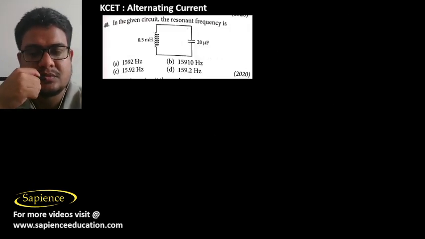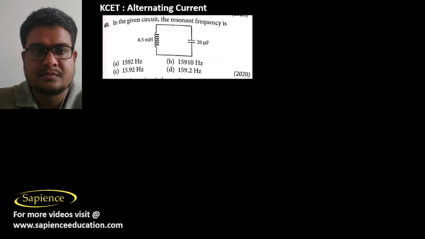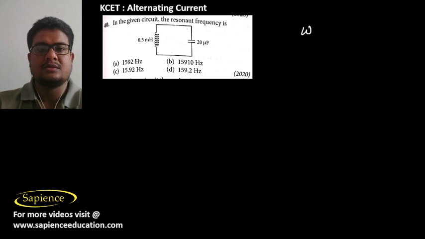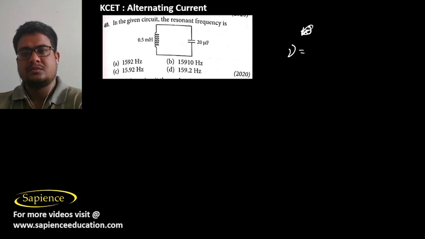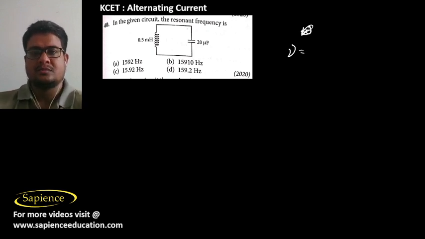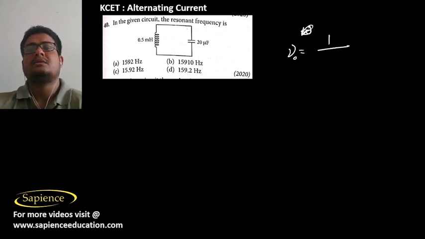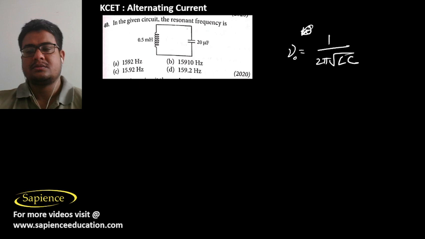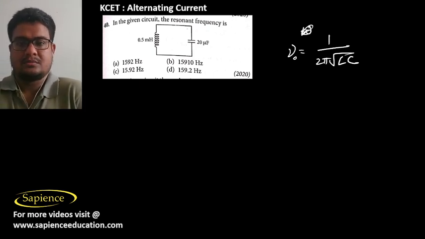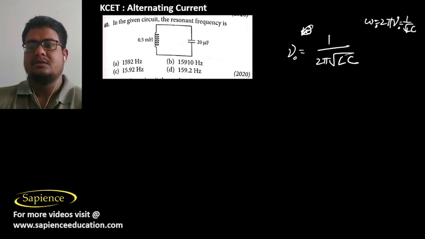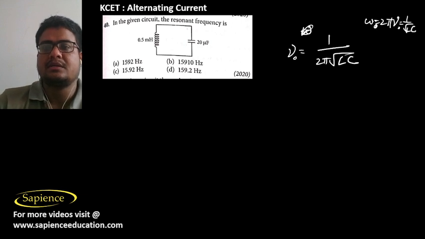It is told, in the given circuit, the resonant frequency nu is equal to 1 by 2 pi root over LC. Since omega is equal to 2 pi nu, omega naught is equal to 1 by root LC, which is the angular frequency at resonance.